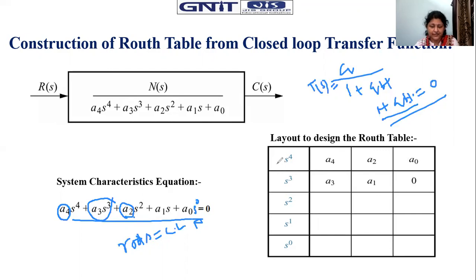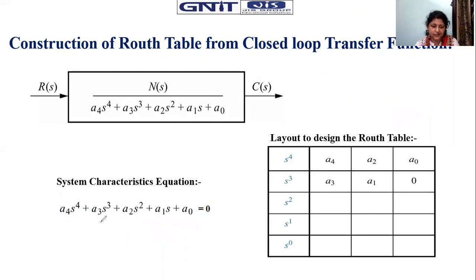Now come to the next row. For the next row, let me clear this a bit. We start over there. So s cube, leaving s square, we consider s to the power 1, then we have s to the power 0, and leaving this one, we have no other coefficients.